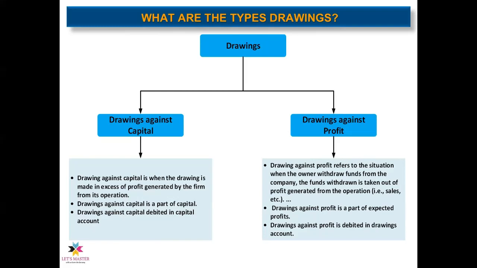Whereas drawings against profit refers to a situation when the owner withdraws funds from the company, and the funds withdrawn are taken out of profit generated from the operations, that is sales, etc. Drawings against capital is part of capital, whereas drawings against profit is part of expected or anticipated profit. Drawings against capital is debited to the capital account, whereas drawings against profit is debited to the drawings account.